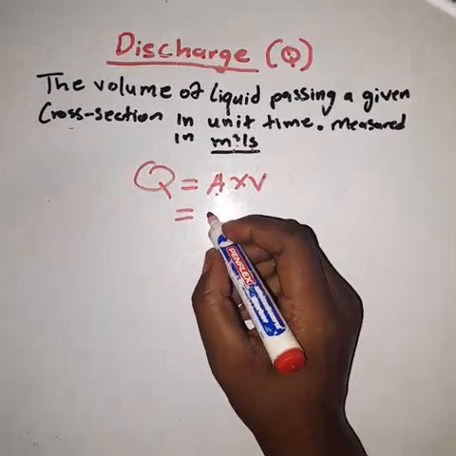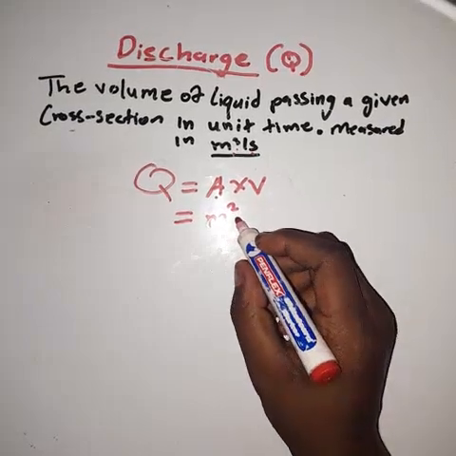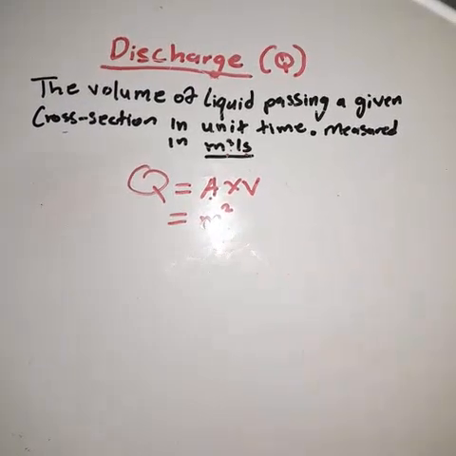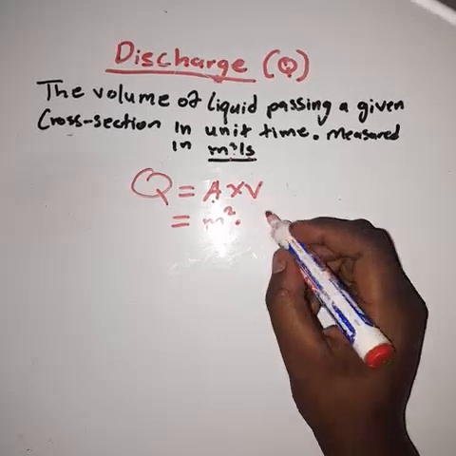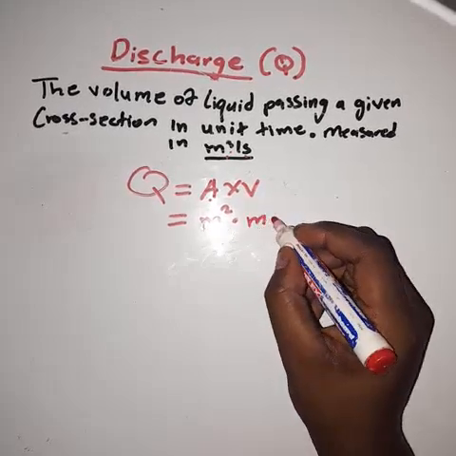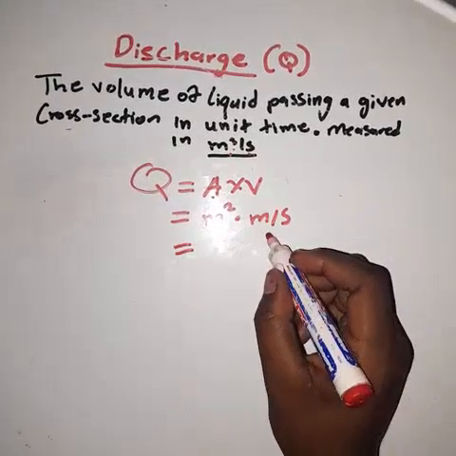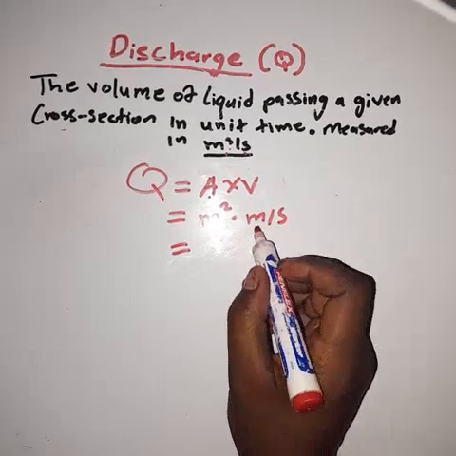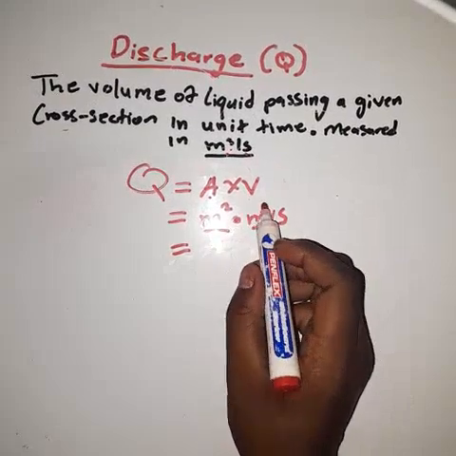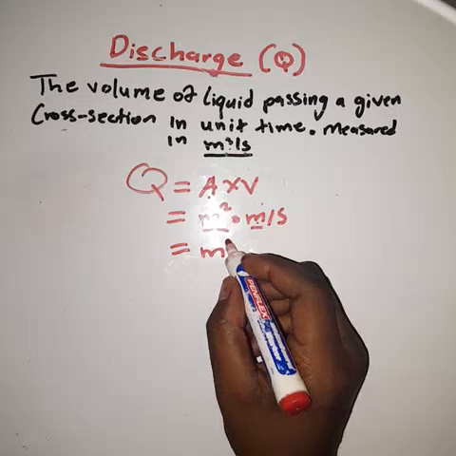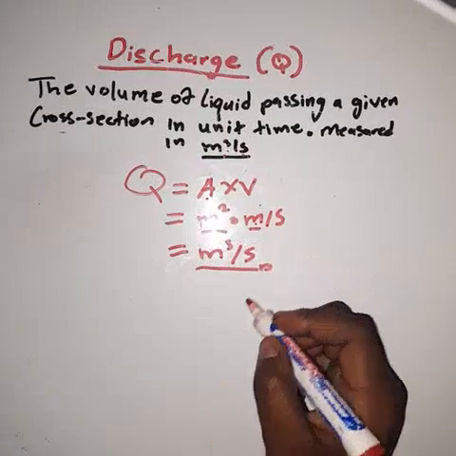Area is measured in meters squared, multiplied by velocity, whose SI unit is meters per second, right? Mathematically, if you multiply these two, where the bases are the same, we add the exponents, and it will be m3 per second. That is how it is derived.